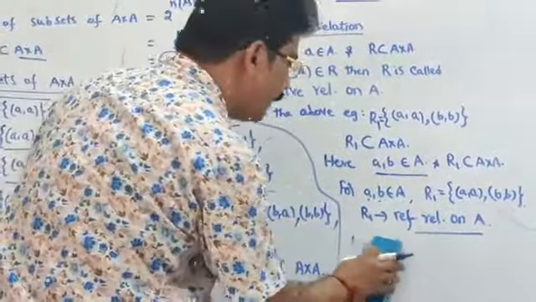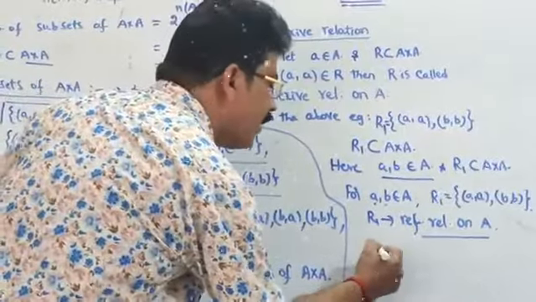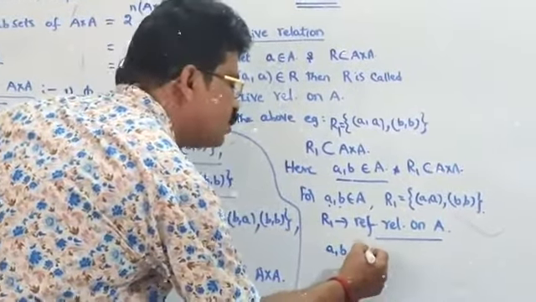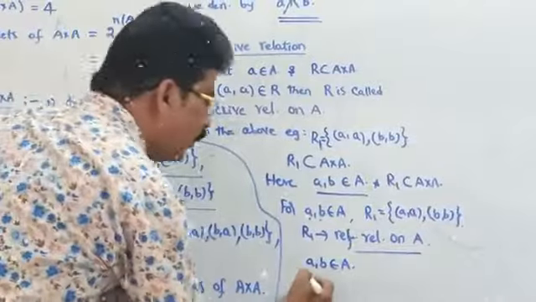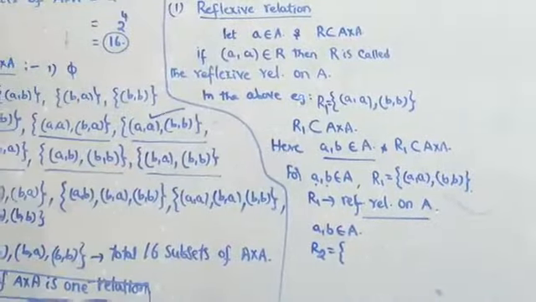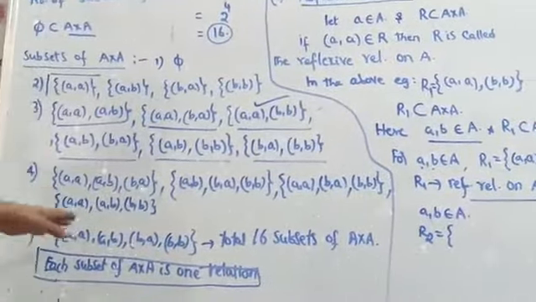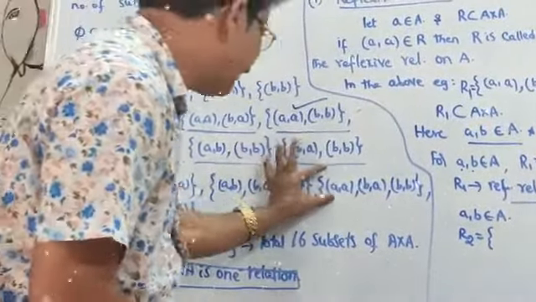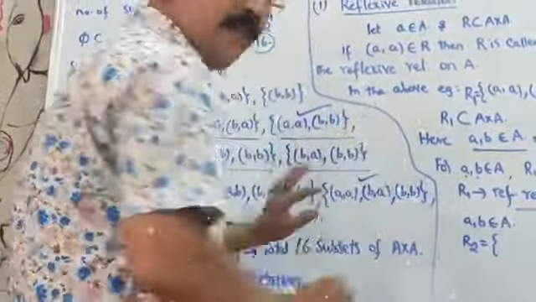while first point is a comma b belongs to capital A. Now I am taking another subset R2. For example, AA, BB. I will take this set R2.